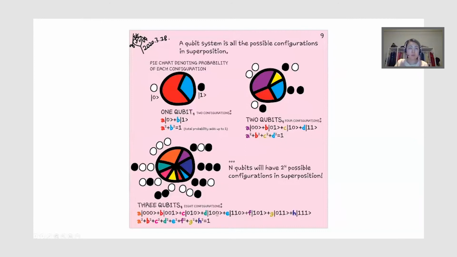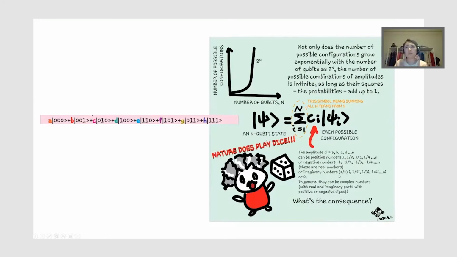As you grow the number of qubits, the possible states that could be in your system grow. When you have lots of qubits, you would not just keep writing all the outcomes. You would just use a summation to say that I will sum up all of the possible configurations in my system, each of them with an amplitude.